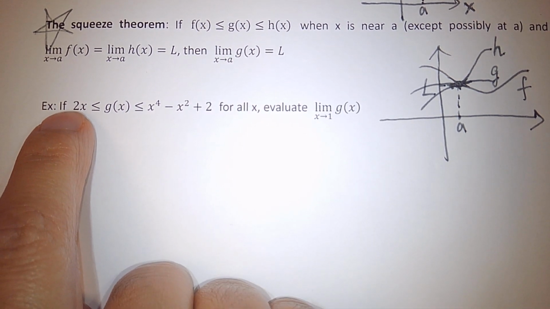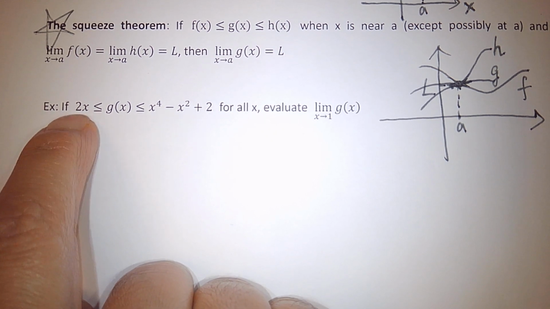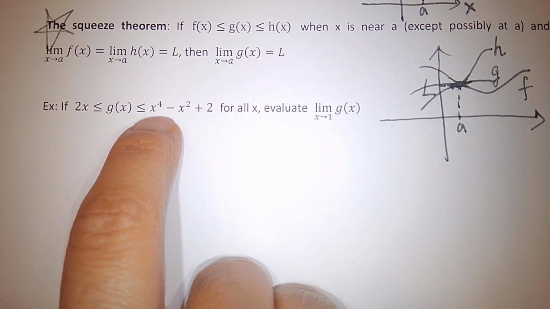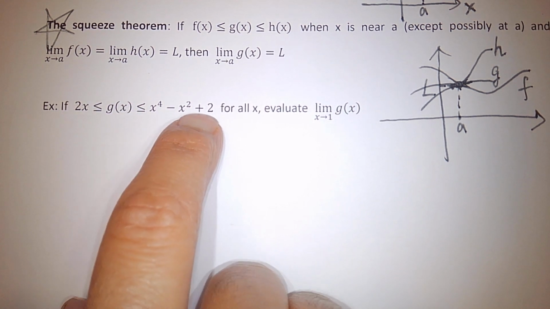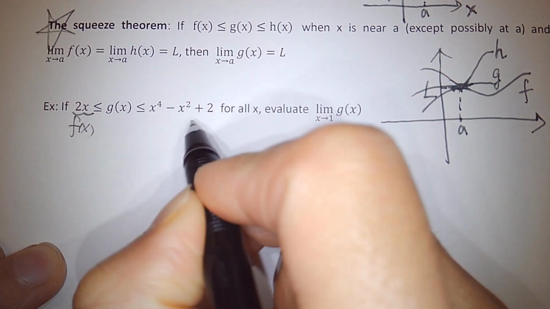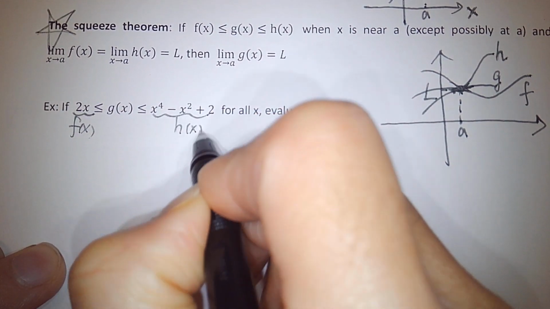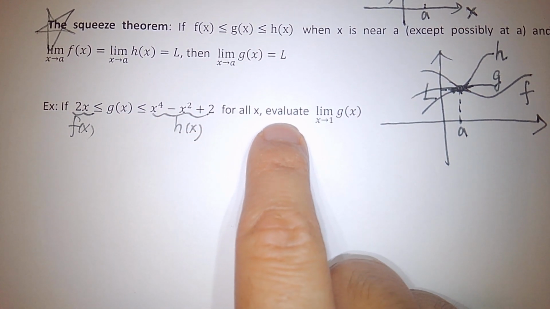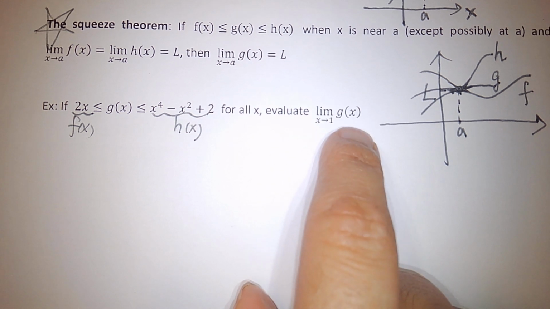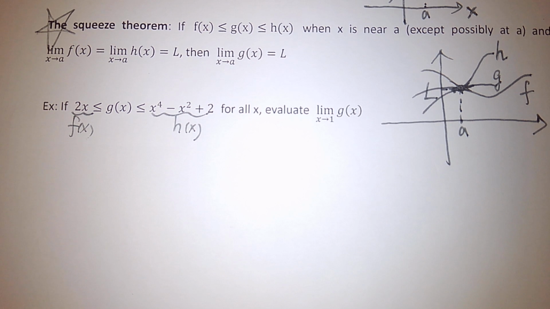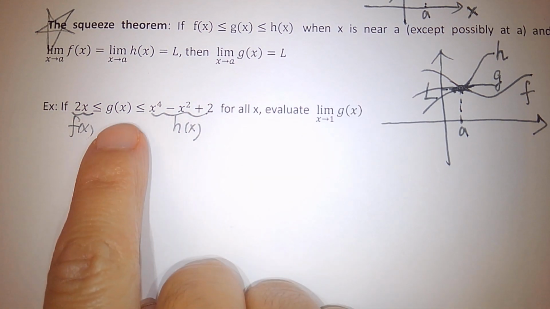We have three functions: f of x equals 2x, g of x is in the middle, and this function is on the top. This is f of x, this is h of x. They want us to evaluate the limit of g when x approaches 1. We have no idea what g is. Do we have any information about how g is defined?